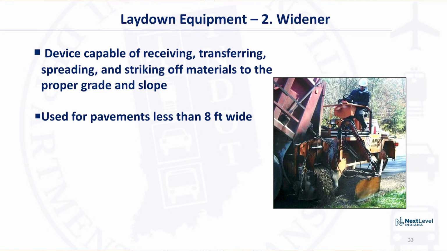All right, so when you can't use a paver, you got to use a widener. So wideners are usually used on shoulders where it's less than 8 foot wide. Again, there's some specifics in the spec on what that machine is supposed to be capable of doing.